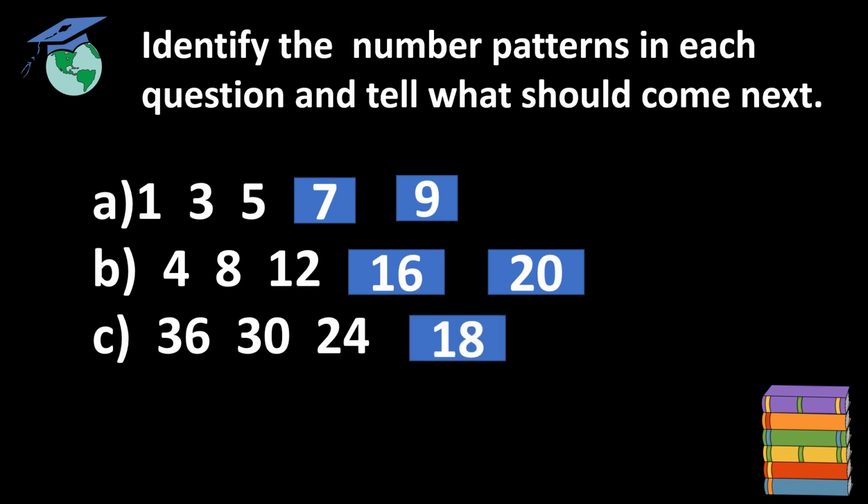Now after 18 we will start counting. That means we will count before 18. So 17, 16, 15, 14, 13, 12. The next number is 12. Yes, we got it.